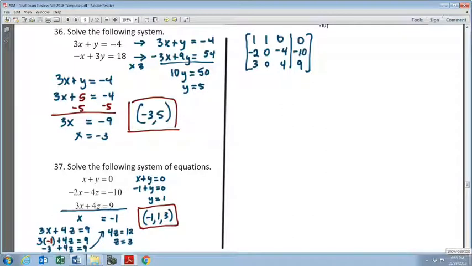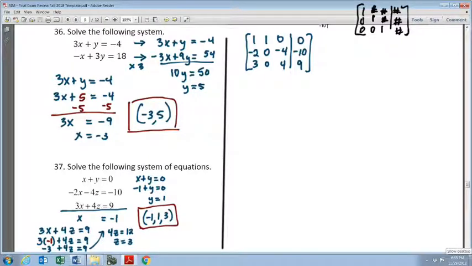And so we want to get our matrix in this form where we have 1s on the main diagonal, 0s below the 1s, and numbers everywhere else. And so that's what we're trying to do here.